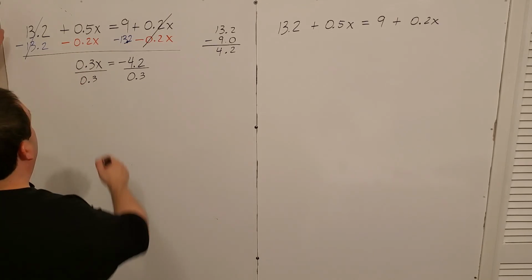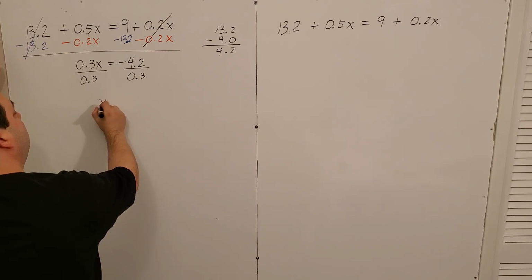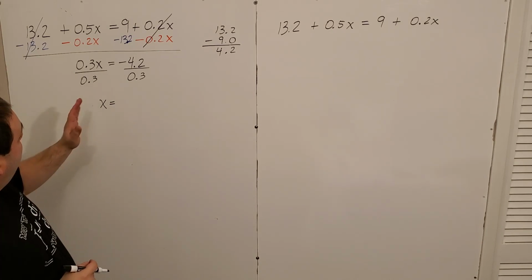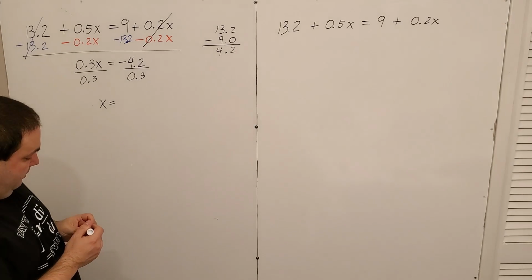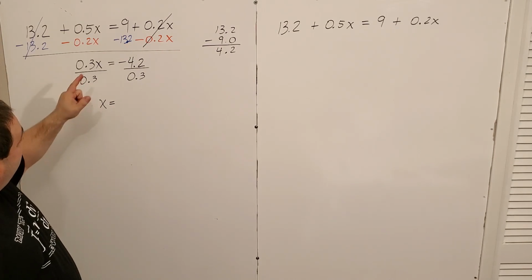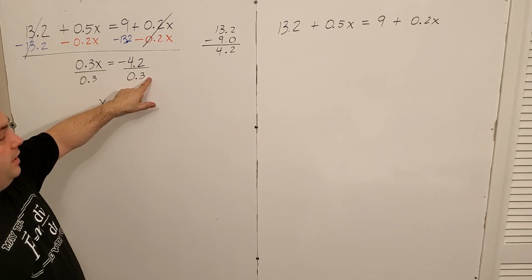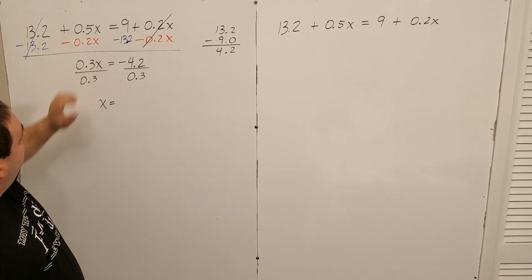So then, of course, 0.3 over 0.3 is 1. It's just a solid 1x. Notice whenever I do these divisions, by the way, that I'm not dividing by x. That's a common mistake I see a lot of. Do not divide by x here, right? That's going to put x in your denominator over here and just get rid of it over here. You don't want that. I only want to get rid of the number portion.